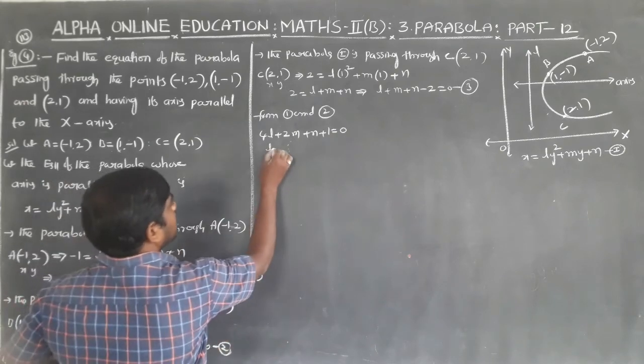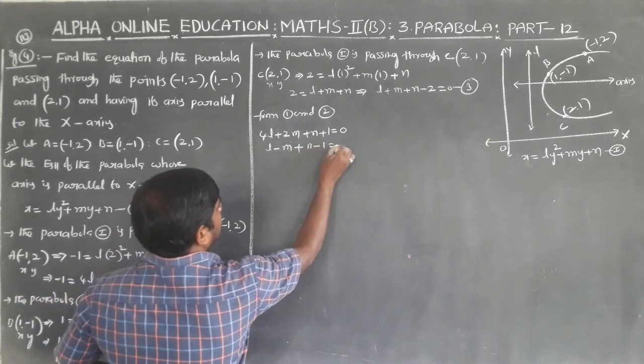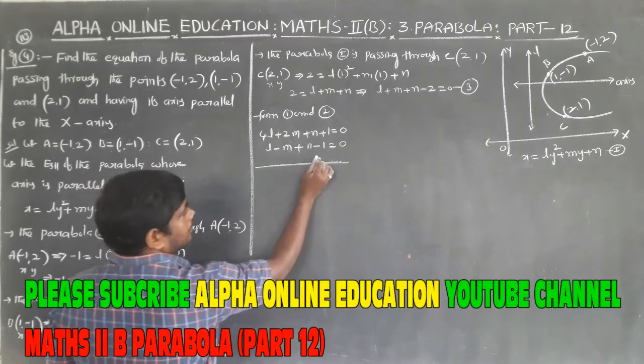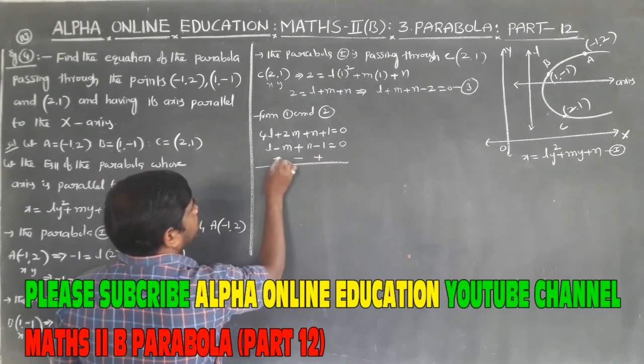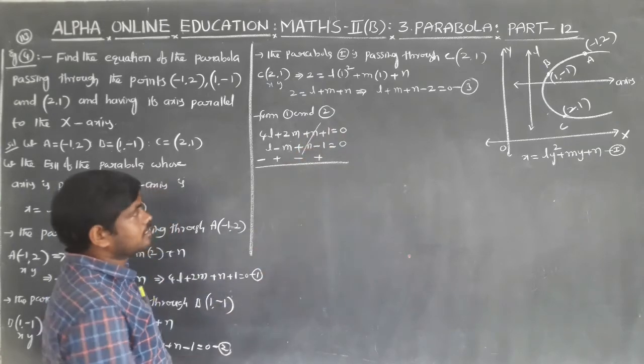Second equation: L - M + n - 1 = 0. Subtracting, n minus n gets cancelled.